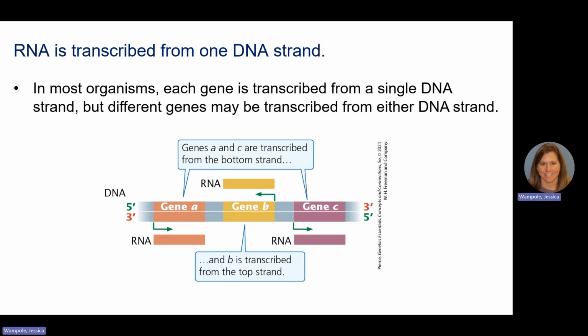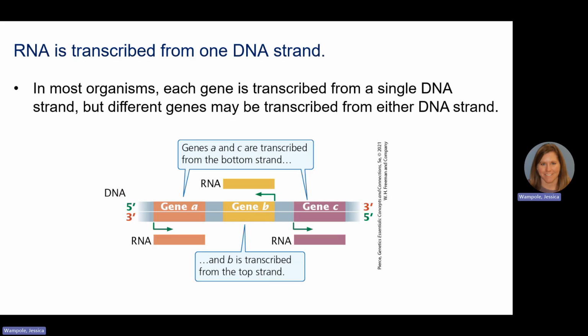What I meant to say is that in some organisms, genes are transcribed on one strand or the other, and in others, they can be transcribed from the opposite strand. If we look at this sequence here, gene A is being transcribed from the bottom strand, C is being transcribed from the top strand, whereas B is being transcribed from the opposite one.